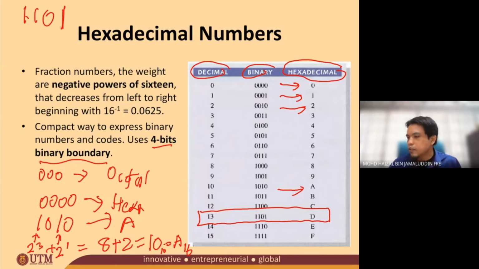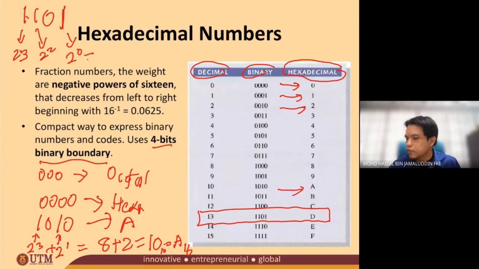Lambat. Okay. So we want to change it into hexadecimal. So you multiply this with 2 to the power of 3, 2 to the power of 2, and this one 2 to the power of 0.